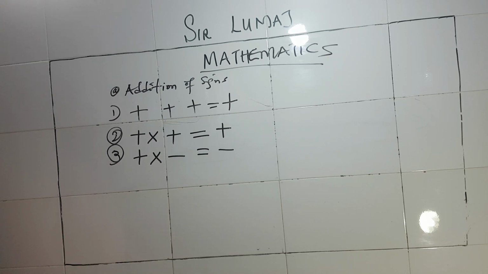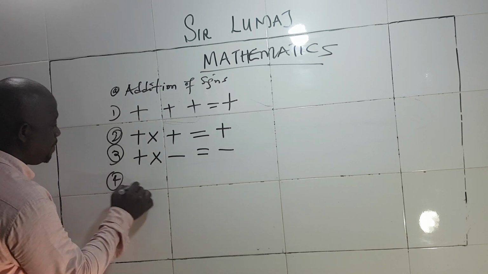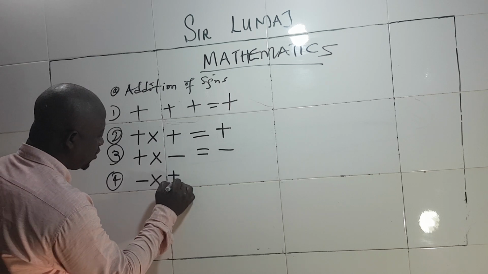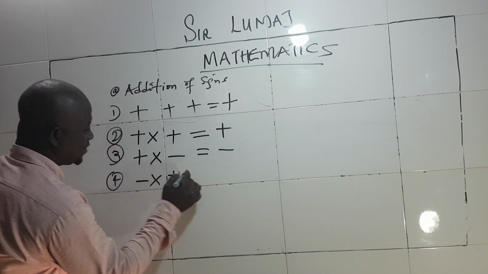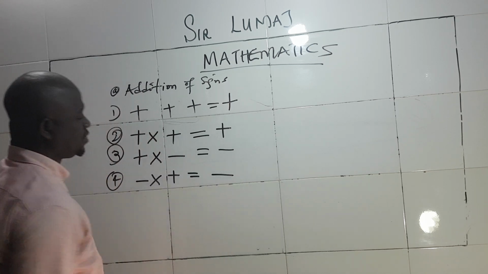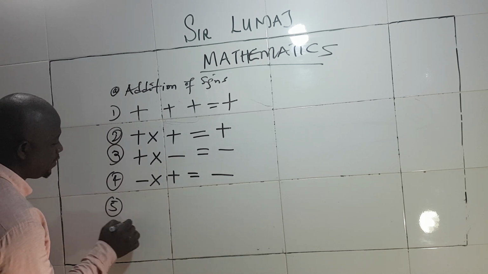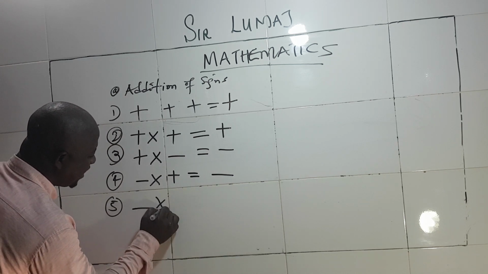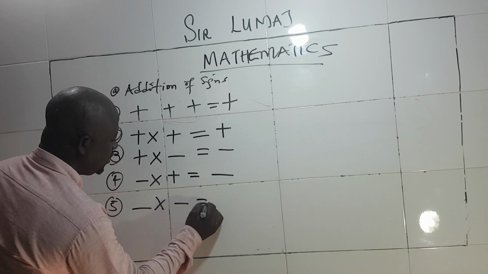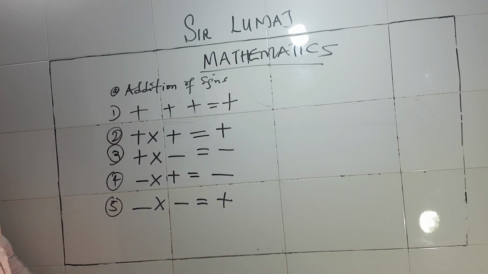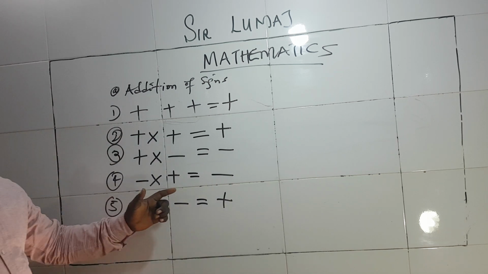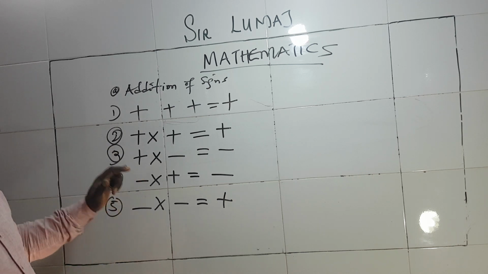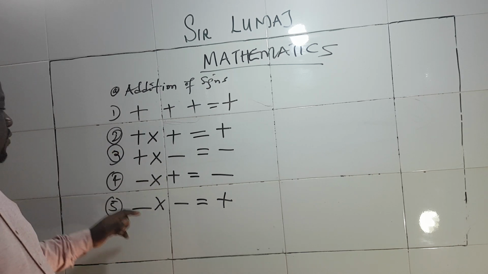4, if I say minus times plus, we are still repeating the same thing. It's what? Minus. 5, if I say minus times minus is equal to what? Plus. I want you to follow these basic principles that we have in mathematics.